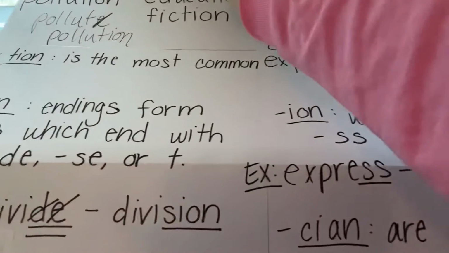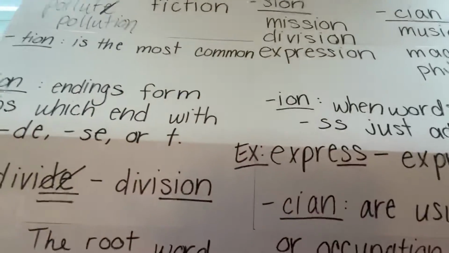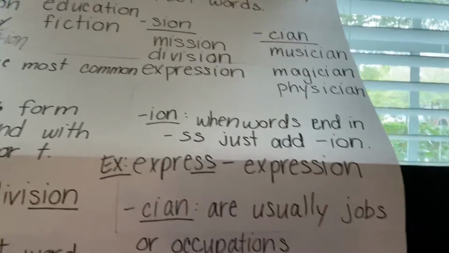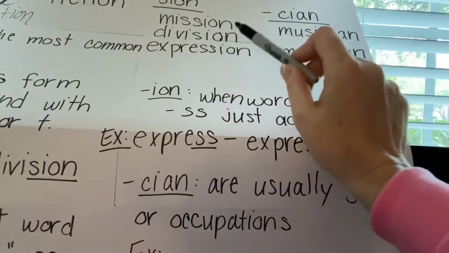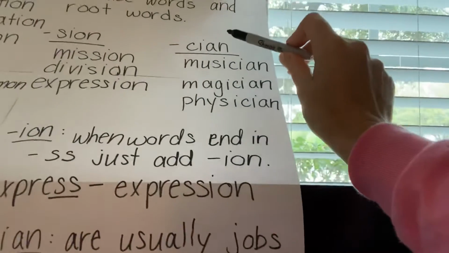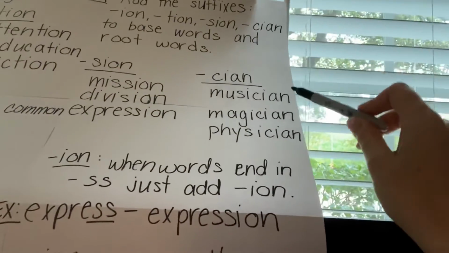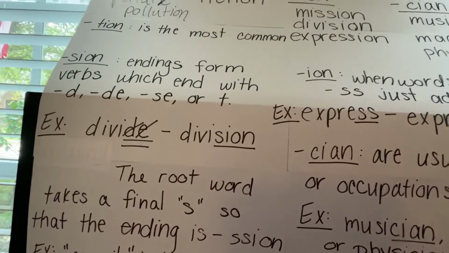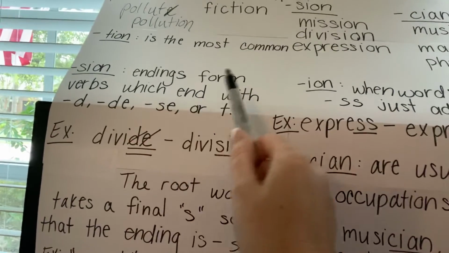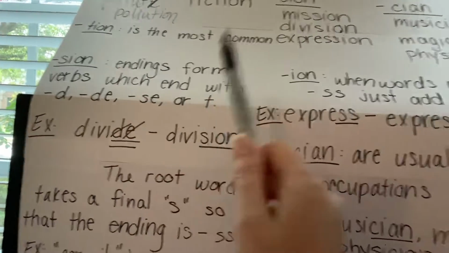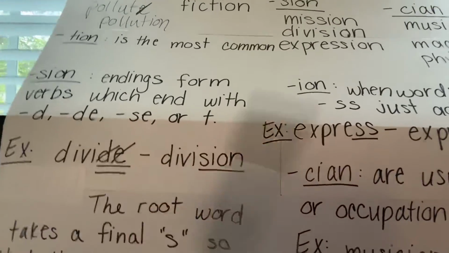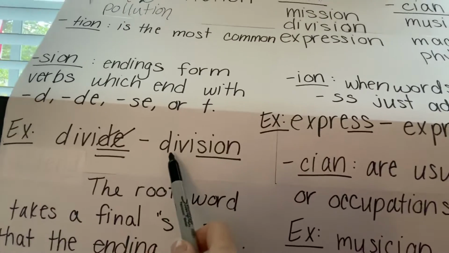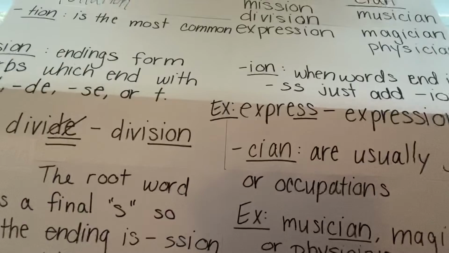And then we have TION, so you have attention, education, fiction. Your SION words would be mission, division, and expression. And your CIAN words would be musician, magician, physician. Remember we went over that SION endings form from verbs which end with a D, DE, SE, or T. If I take divide, I cross out the DE and add SION to make it division.